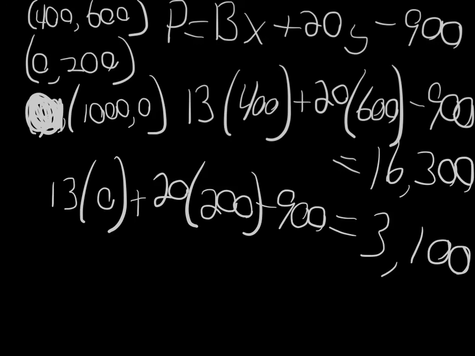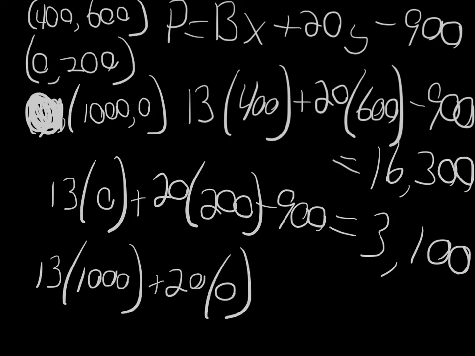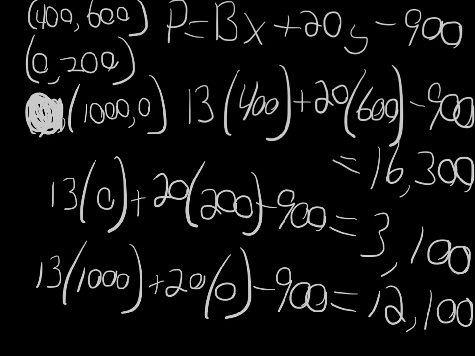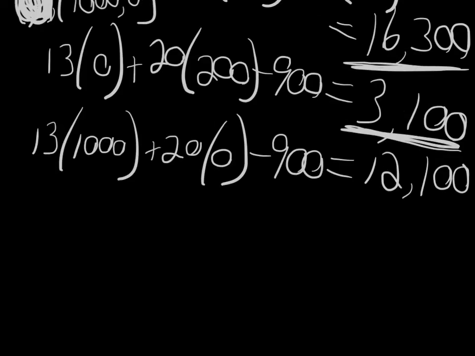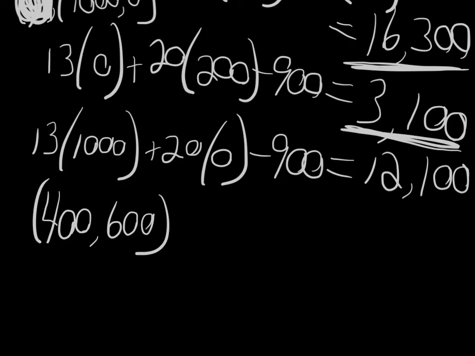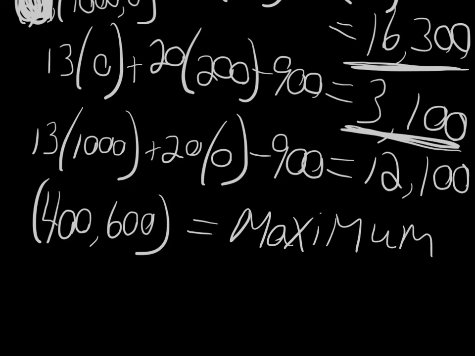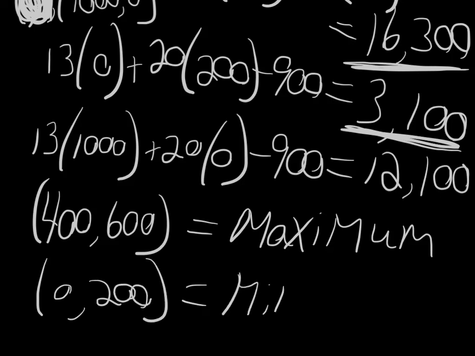And 13 times 1,000 plus 20 times 0 minus 900 equals 12,100. 16,300 is the max value, and 3,100 is the minimum value, meaning that the point 400, 600 is the maximum value, and 0, 200 is the minimum.